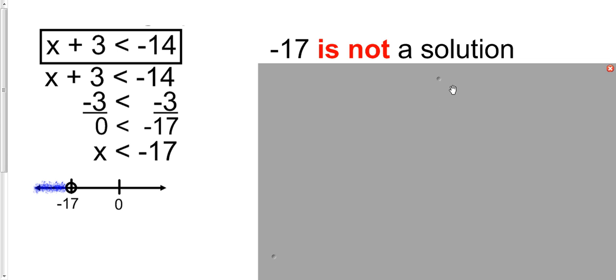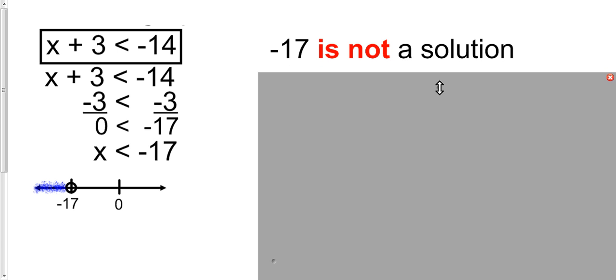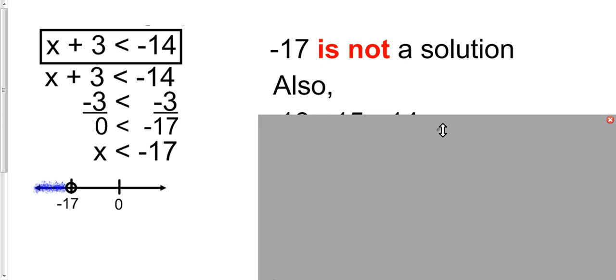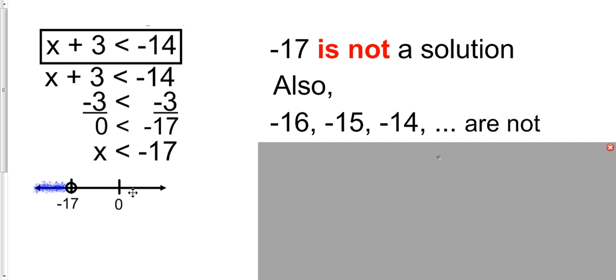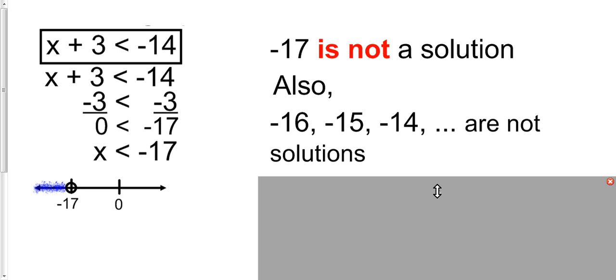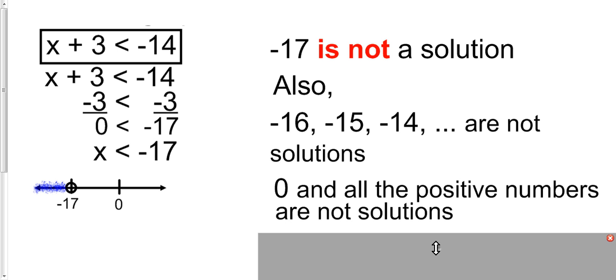Okay, negative 17 is not a solution. It is not shaded. Also, negative 16, negative 15, and negative 14 are not solutions. They fall in the unshaded side of the number line. 0 and all the positive numbers are also not solutions.